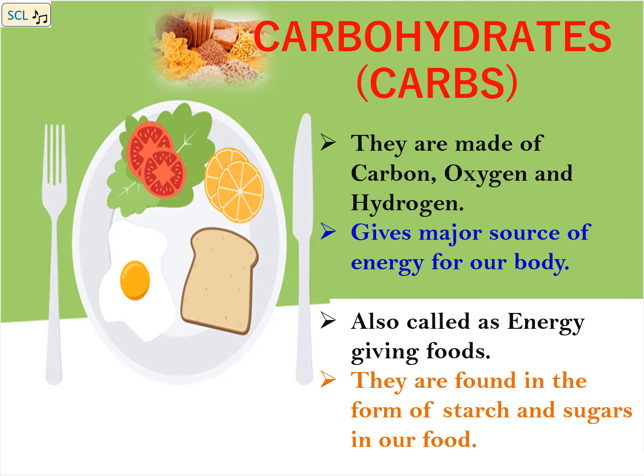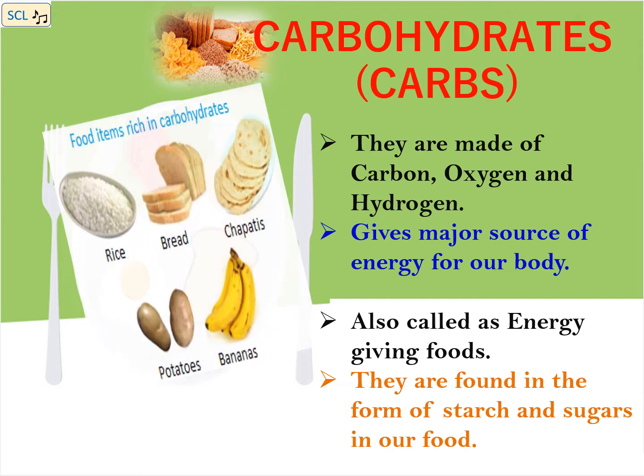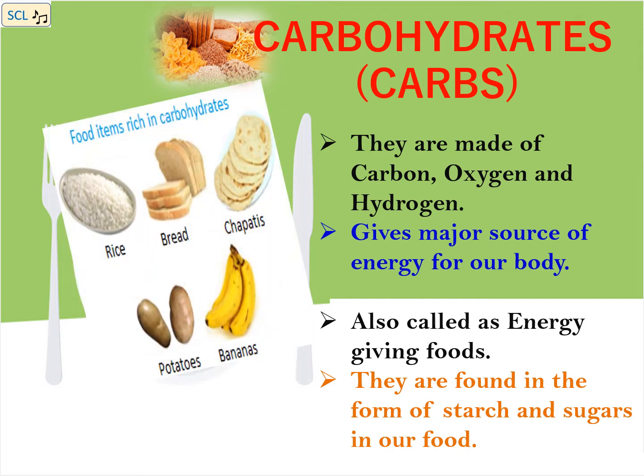So, if at any point of time we are feeling low, we can have instant energy from things like glucose, chocolate, etc. Some examples for food rich in carbohydrates are rice, bread, chapatis also, potatoes or bananas. 45 to 65% of energy comes from them.